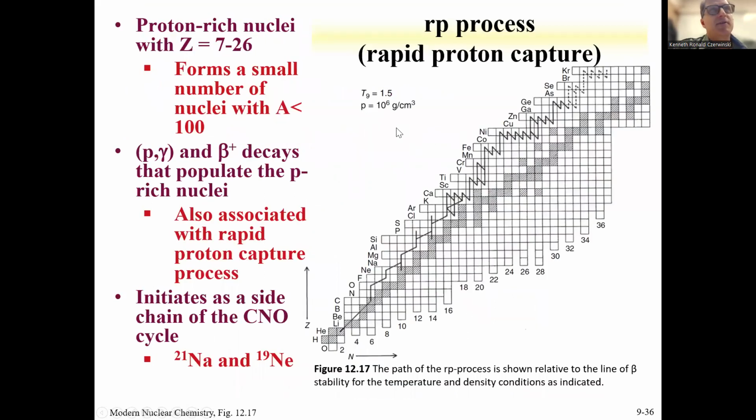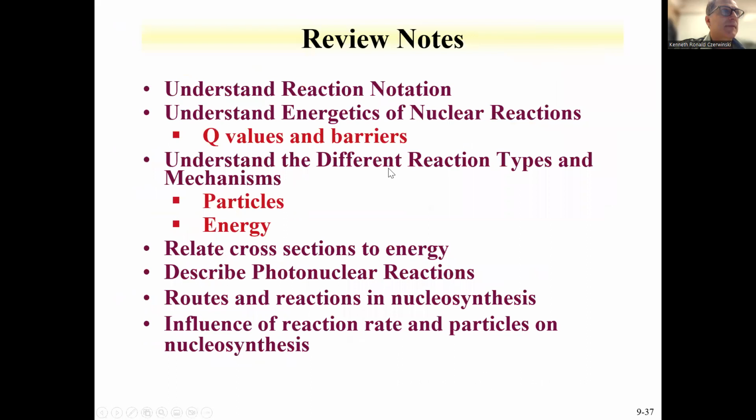Then, similar to the rapid neutron process, there's a rapid proton capture, which makes some more of these isotopes out on this edge over here. So that's a review of how elements are made.